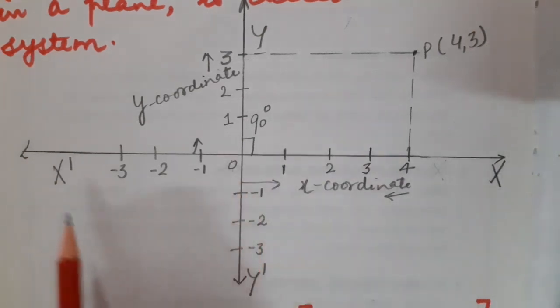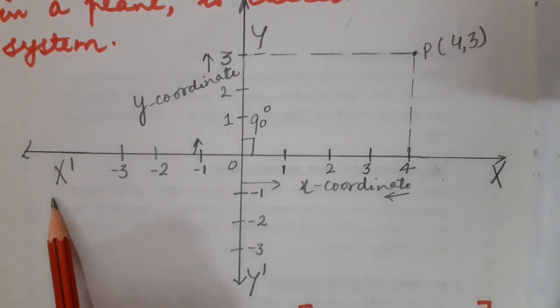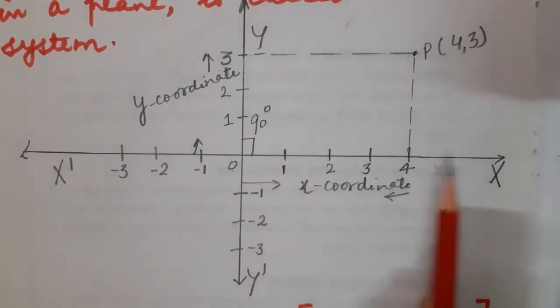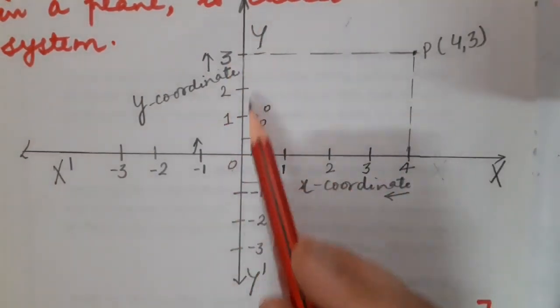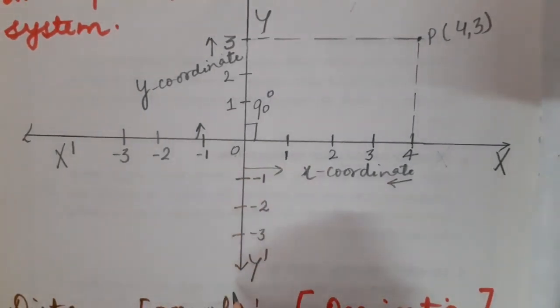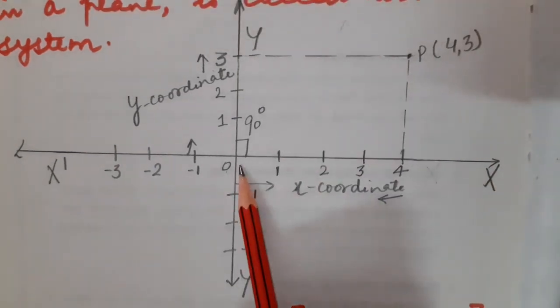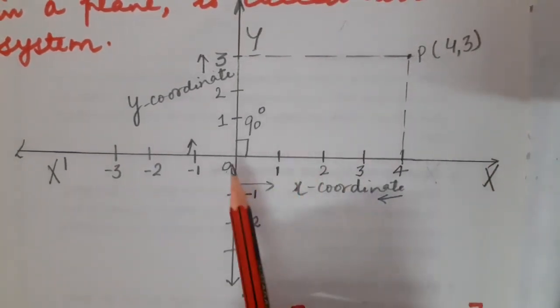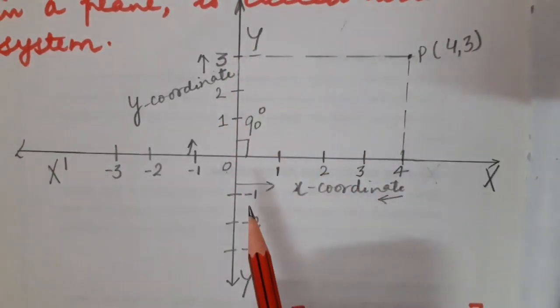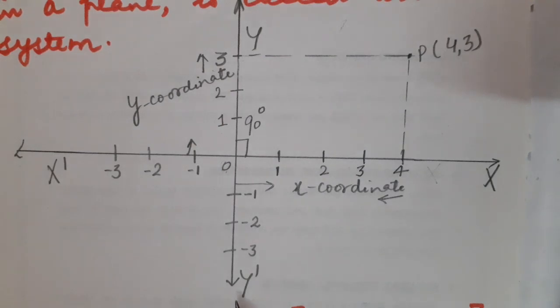Fine, students. The horizontal line, that is XOX dash, is called the x-axis, and the vertical line YOY dash is called the y-axis. Fine, students. Here directions OX and OY are called the positive directions of x and y-axis.